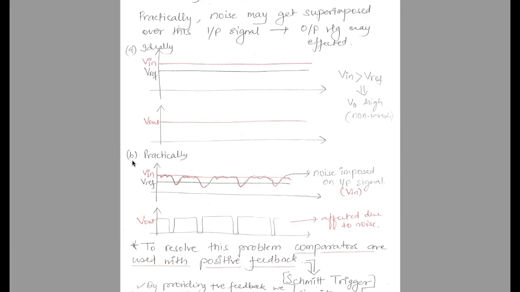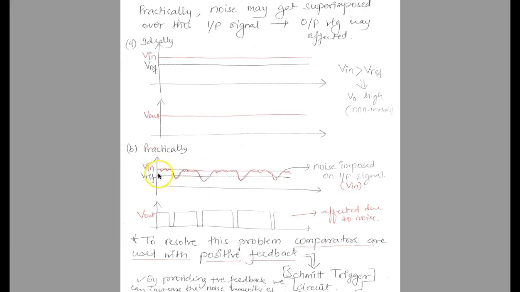For example, practically you will have signals like this, with some distortion superimposed on the signal. In that case, if your V reference is like this, then you will get a signal like this. This signal is affected by noise, and this will not be the accurate signal.